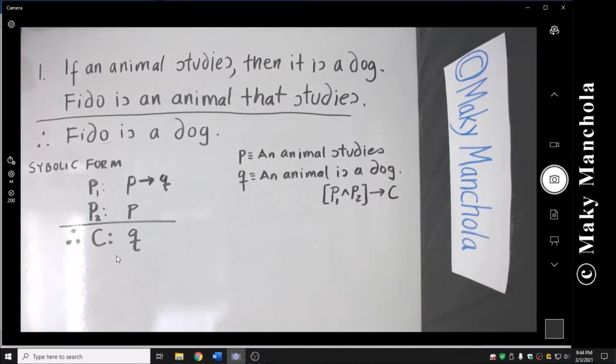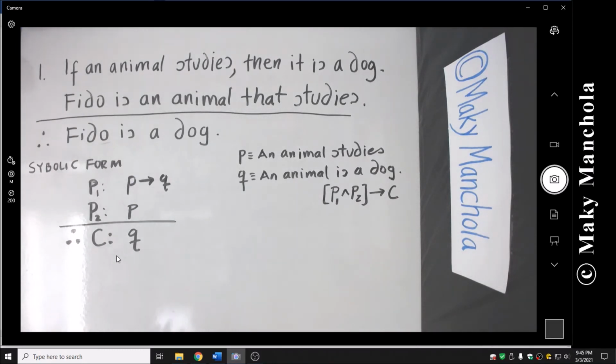What we want is to construct a truth table for this compound statement. If we obtain a tautology, our argument is valid. If we do not obtain a tautology, then our argument is invalid.